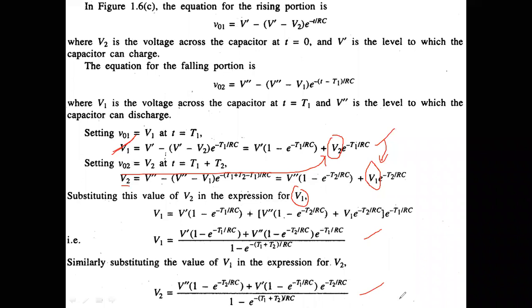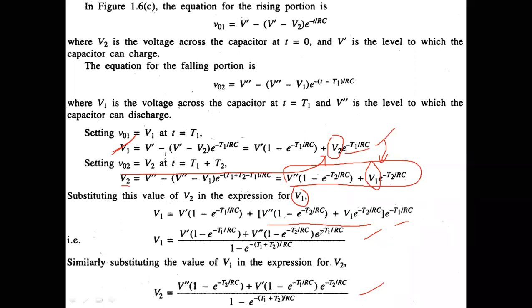Simple simplifications. It won't be much difficult. Here, for V1 I have written, and V2 I have written directly. For V1, instead of V2 I have taken this equation: V double dash into 1 minus e power t2 by rc plus V1 into e power t2 by rc into e power t1 by rc.